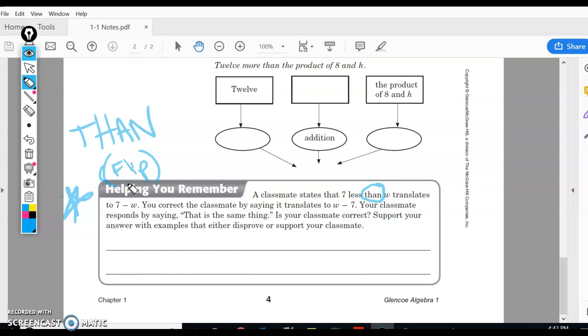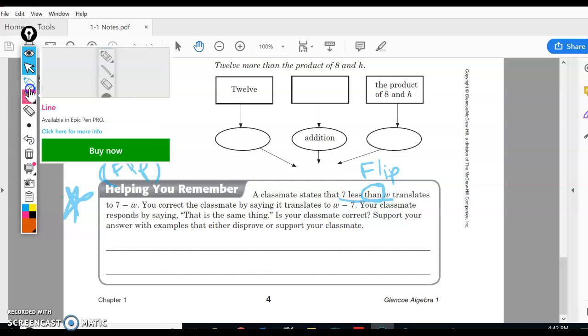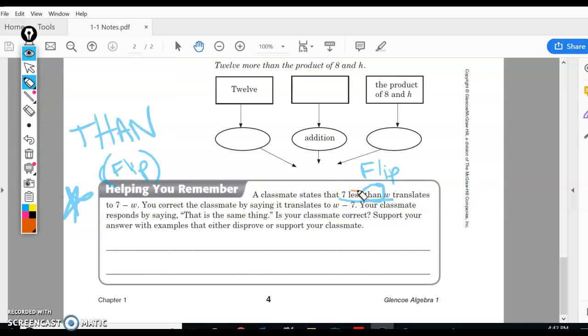So what you're going to see here is 7 less than w. You see the word than, so that means flip. Less still means minus. So instead of 7 minus w, you're going to write it as w first minus 7, all because of the word than.